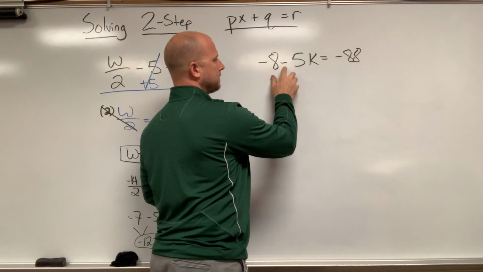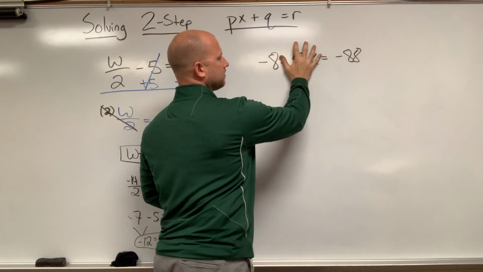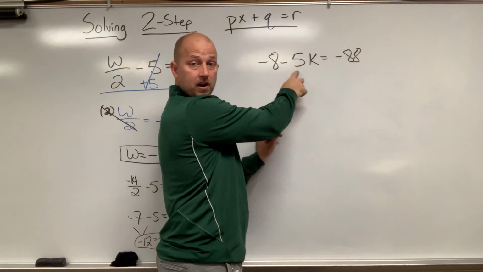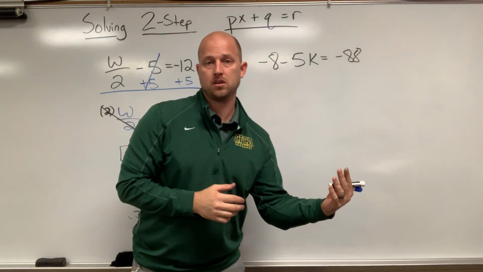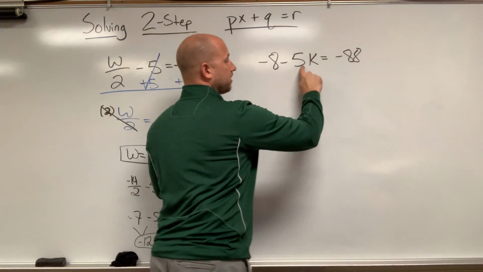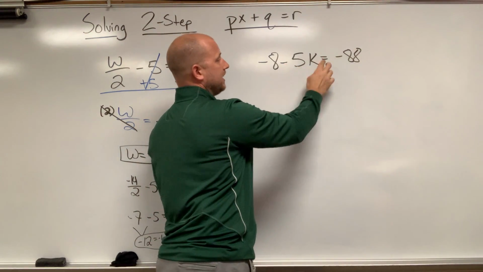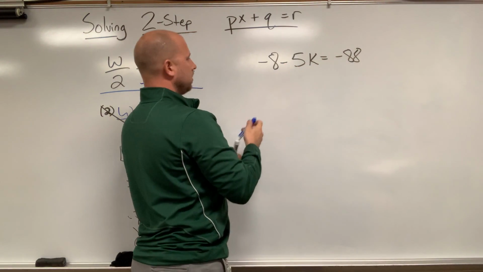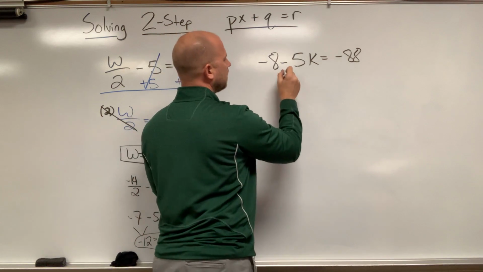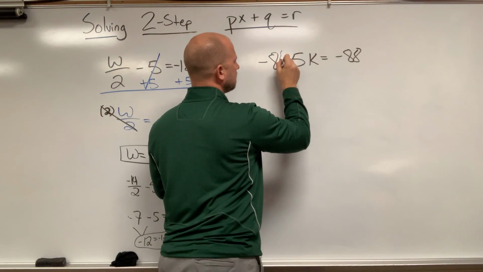Negative 8 minus 5k. Now this 5k, think of the minus as a negative, right? Remember we talked about the signs in front, okay? So the sign in front of the 5 is a minus, so this goes with the 5, and it's going to be equals negative 88. So what we're actually doing, let's see here.